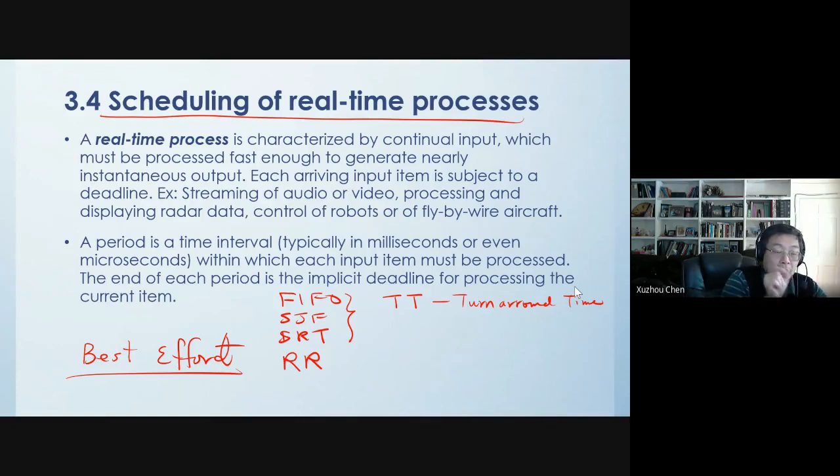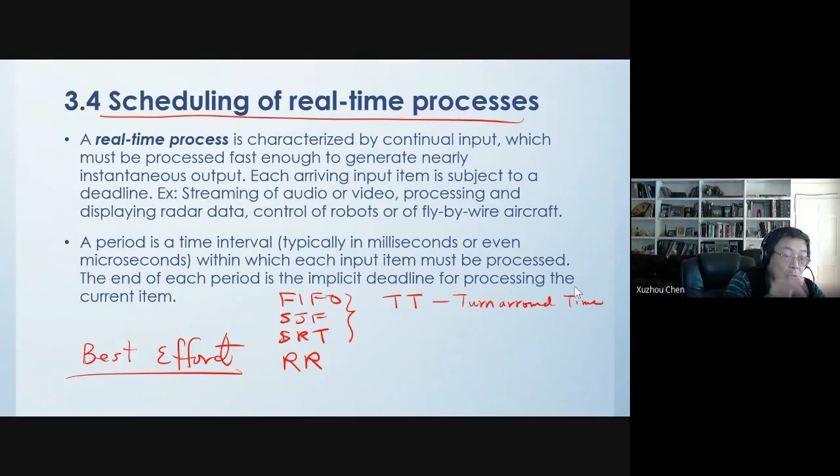The turnaround time can be calculated by looking at the time the process requests the CPU, the time the process arrives, and the time the process completes its job. This time period is the turnaround time. So if process one arrives at time 0 and finishes at time 10, then the turnaround time is 10.